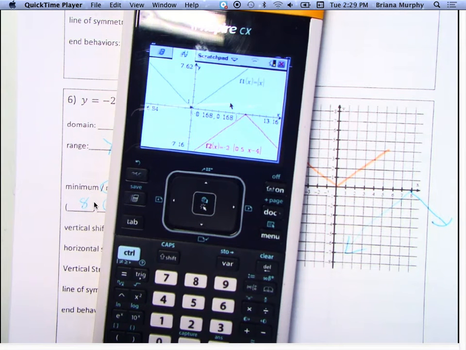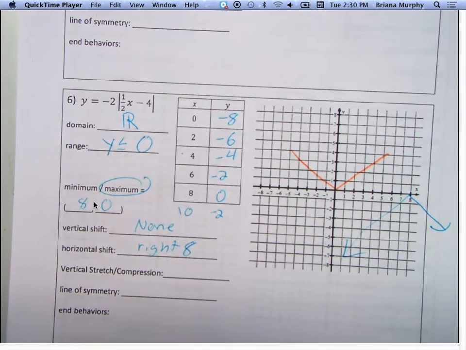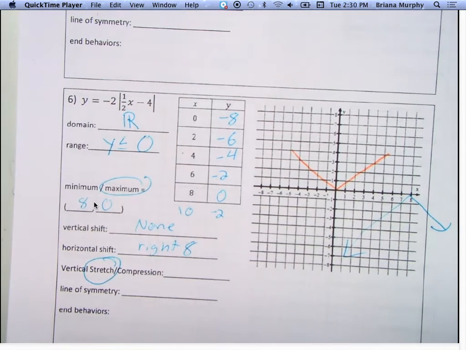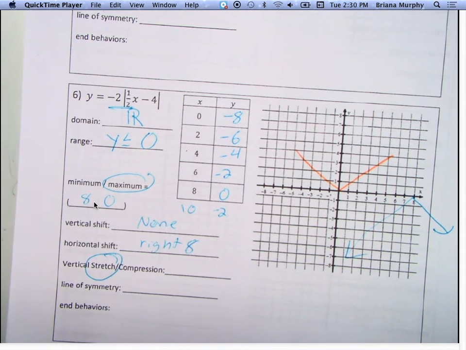All right. It flipped it, but it doesn't look like it did anything else. I'm going to tell you right now, it did stretch it. How would you know? Because this 1/2 and this negative 2 kind of changed it a little bit, so it kind of looks like it didn't do anything.